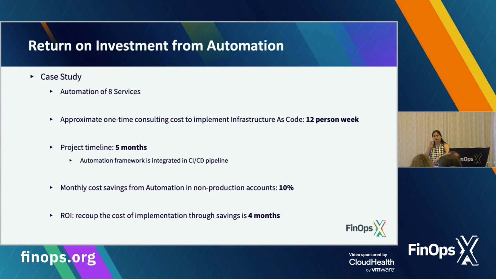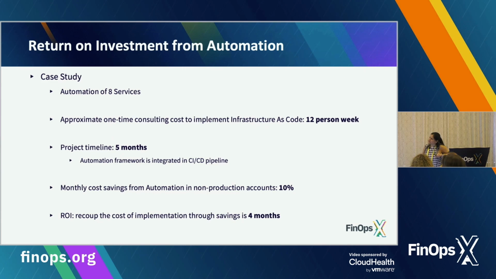This includes the time to develop those Lambda scripts to identify the violating resources, setting up the Git repository of our code, and also integrating it with our account provisioning account factory. What I mean by that is any new accounts that we provision, the automation framework will already be set up for them.